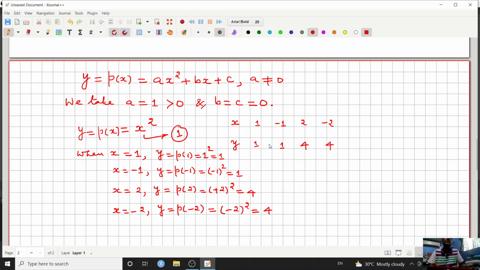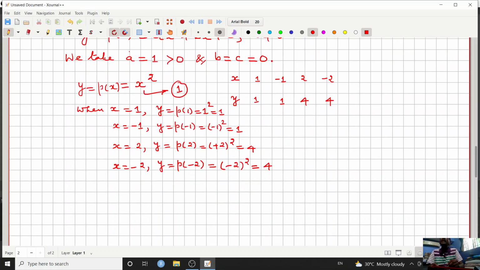Now let us try to plot the graph. So for example, let us try to plot here the x-axis and y-axis.